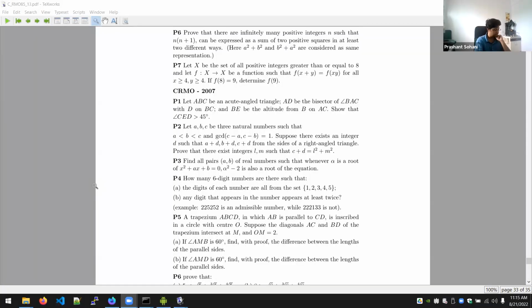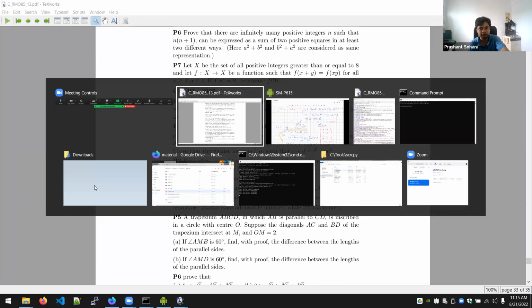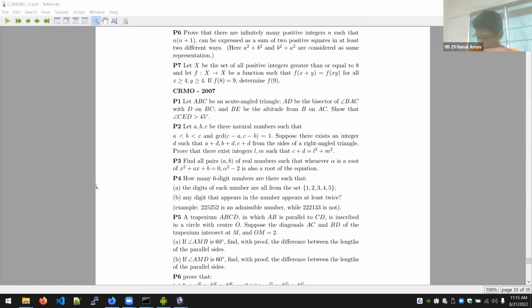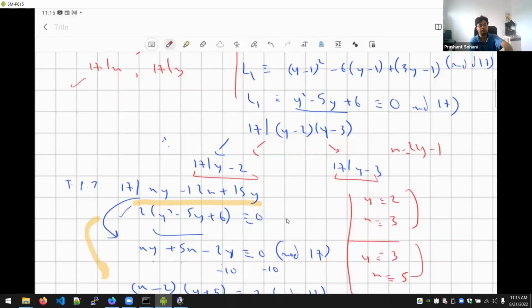Because we just required that 17 is a prime to get that p divides x minus y or x minus 2y plus 1, and then we just substituted x equal to that. I guess we only need it to be an odd prime because in your solution you are getting 2 times y square minus 5 and 5 plus 6, right? So as long as it's an odd prime, it should work. Yes, sir. So 2 won't work, but any other prime should work.